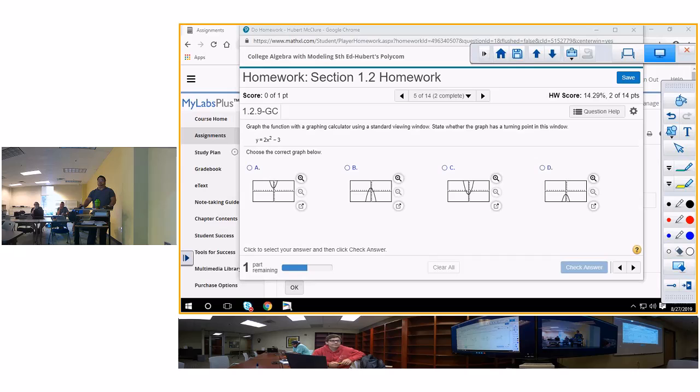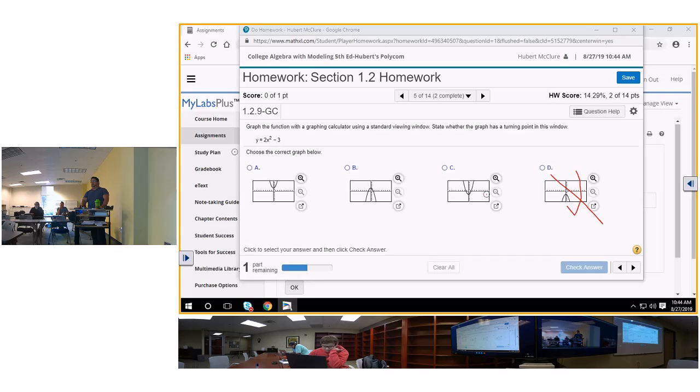Next, so that's how you do that question. If you don't have a calculator, that's how we're gonna do it. If you do have a calculator, match it up. If you have a calculator and you can't find it, then there's a problem, because you can easily take out what? D and B, because that would be a negative 2x squared, because it's opening which way? Downward. So even if you don't know what you're doing, you still got a 50-50 chance of getting it right.